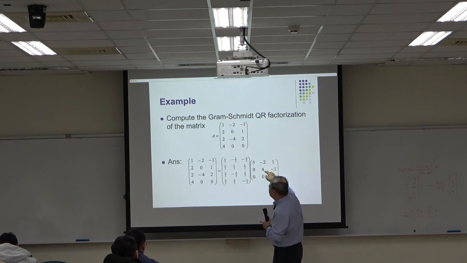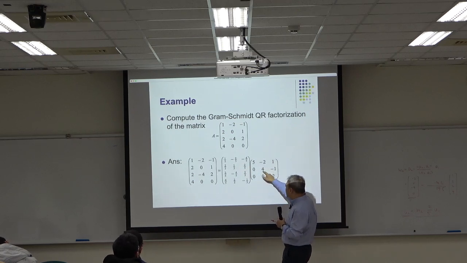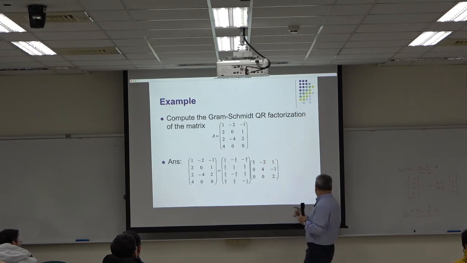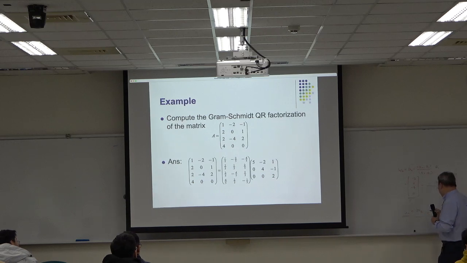The 4 is going to be the original length of your W2. The original is A1, and this A1 divided by 5 is your U1.